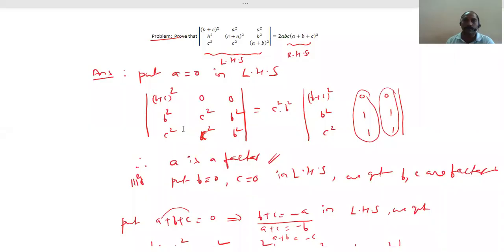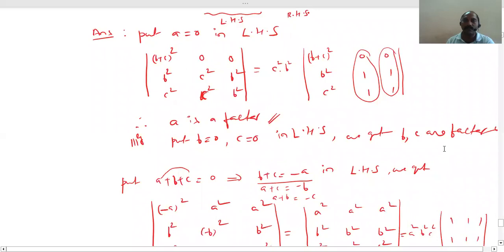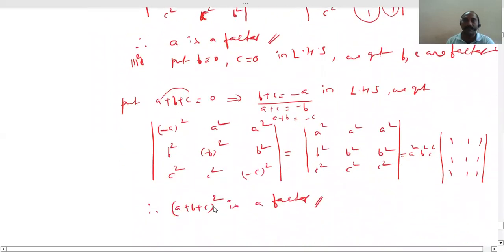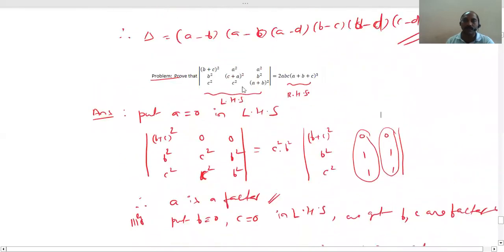So A has a degree 1, B has a degree 1, C has a degree 1, A plus B plus C has a degree 2. But in the determinant expansion, Laplace expansion method, the total degree of the variables is 6 because b plus c has 2.